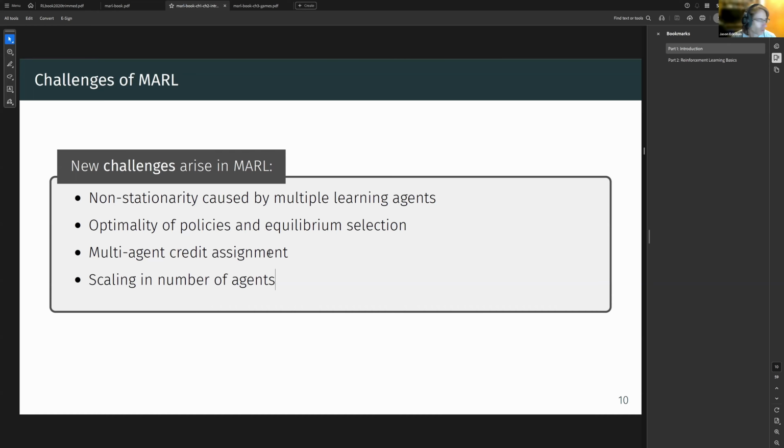But then, credit assignment is already a problem in reinforcement learning when we have these long time horizons between reward and action selection. And when we have multiple agents, not only do we have potentially a long time horizon, but we also have confusion about which of the other agents are responsible for what's happening.